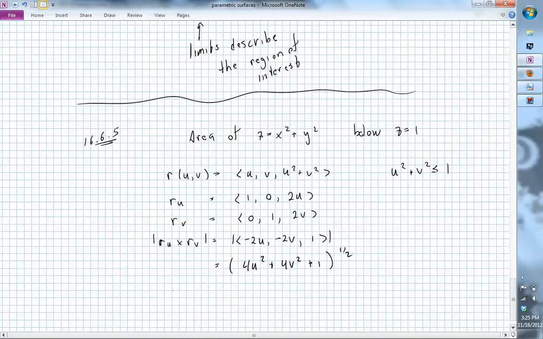And the surface area integral, then, is the integral over the region, whatever that happens to be, of the square root of 4u squared plus 4v squared plus 1 dA.